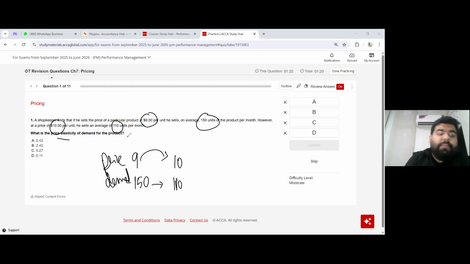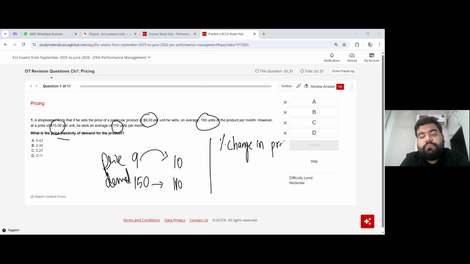Now we have to calculate price elasticity of demand. The formula for price elasticity of demand is percentage change in quantity divided by percentage change in price.